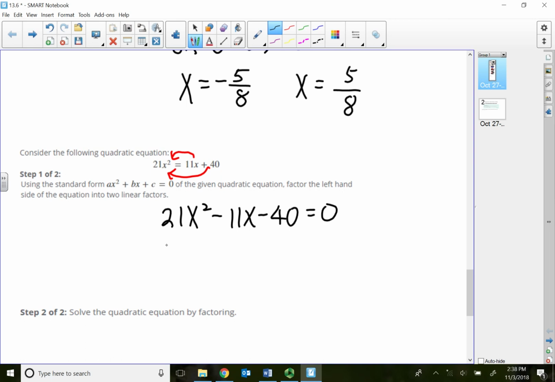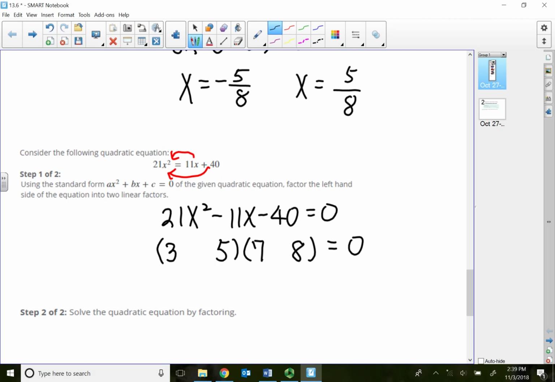This is again a trinomial, so I'm going to use 3 and 7 for my 21x squared. For 40, I'm thinking 5 and 8. Let's see, I'm going to put 8 right here, 5 right here.